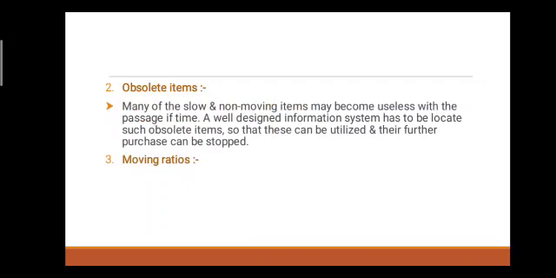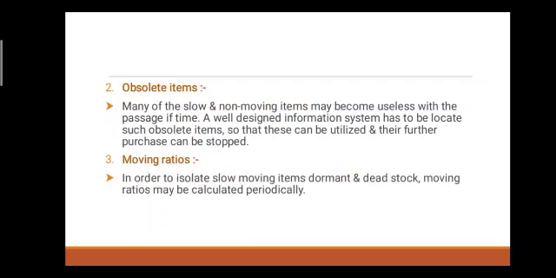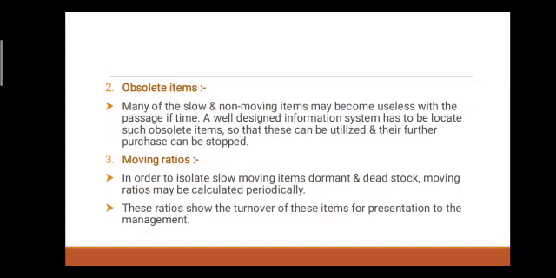Third, moving ratio. In order to isolate slow-moving items, dormant and dead stock, moving ratios may be calculated periodically. These ratios show the turnover of these items for presentation to the management.